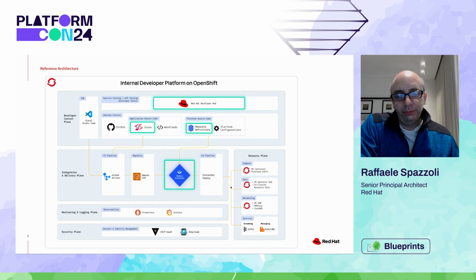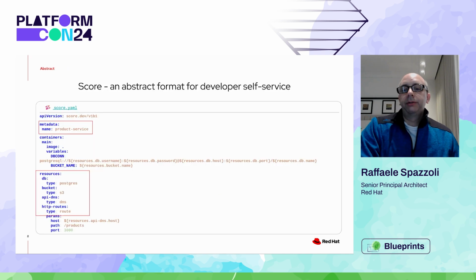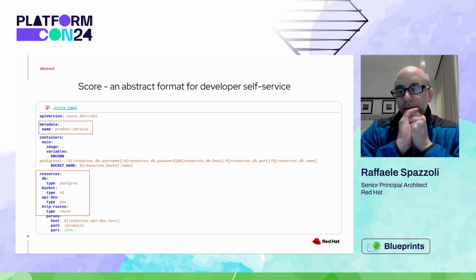But obviously, if you're using OpenShift, you could easily leverage these capabilities from the networking side, from the data side, and from the middleware stack that we have. And at the bottom, we have observability out of the box and security with Keycloak and Vault.